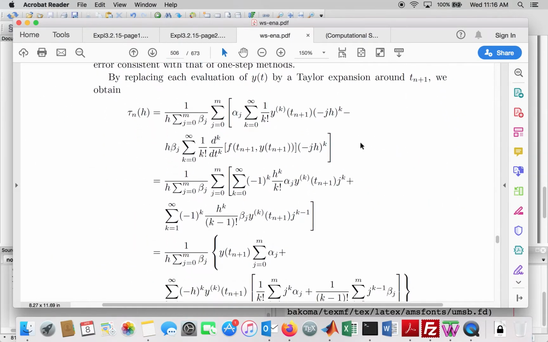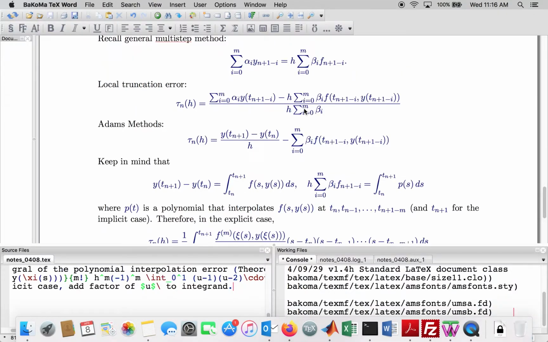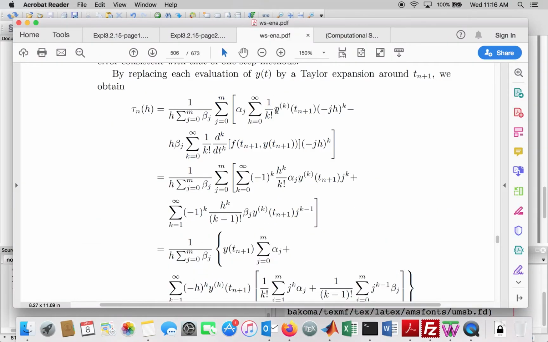Okay, so here's the same expression for local truncation error for a general multi-step method, but y of tn plus 1 is replaced, actually, y of tn, not y of tn plus 1, y of tn, and also all the other y values. So all the y values except y of tn plus 1 are replaced by a Taylor expansion, and that's what leads to this.